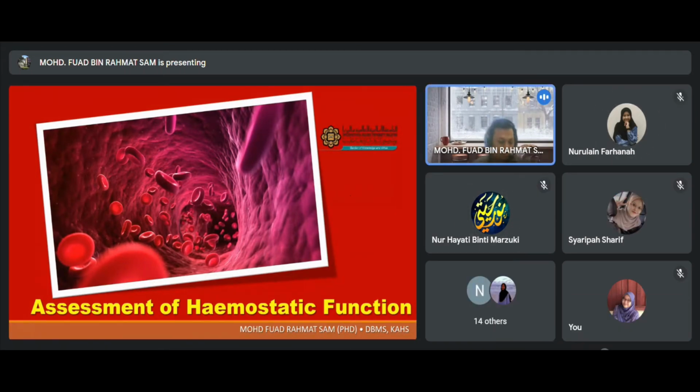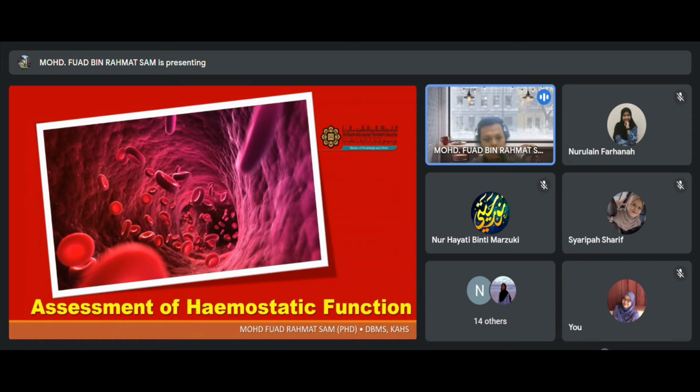What we are going to discuss today is more on the assessment of hemostatic function. I believe you've learned about hemostasis last semester in the hematology subject.